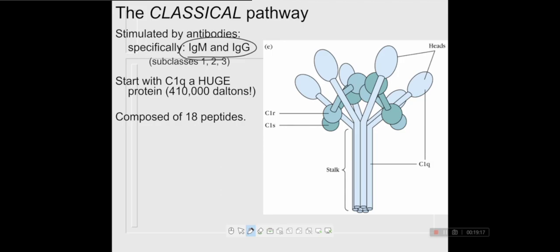What? IgM and IgG. It starts with C1q, a huge protein, 4,10,000 Dalton, composed of 18 peptides.